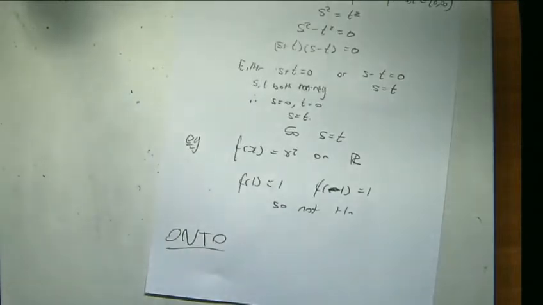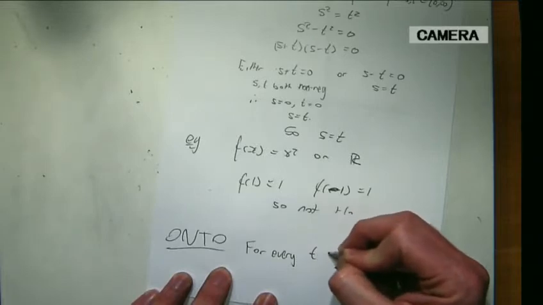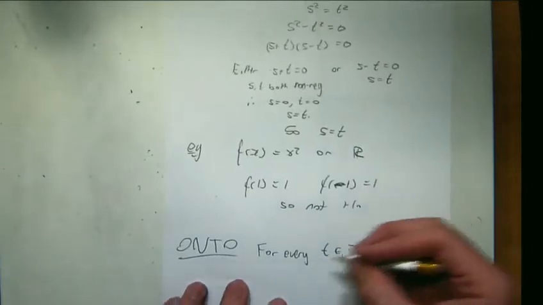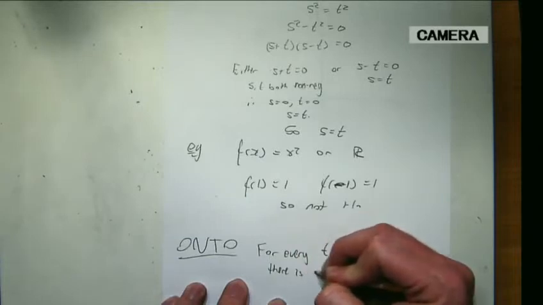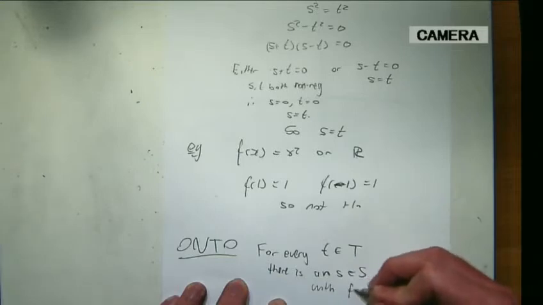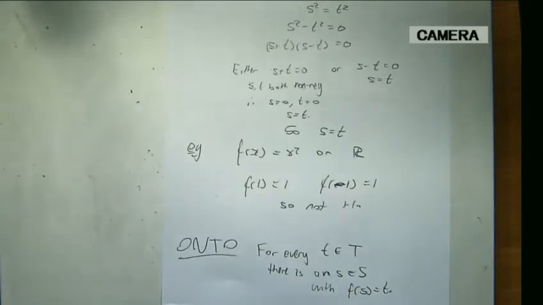The definition of onto is for every T in the outcome, because it always goes from S to T, right? There is an S in the input space with f of S equals T. So all that means is that every possible T is covered by at least one S. There's allowed to be more than one S that get to that point, but every possible T is covered.